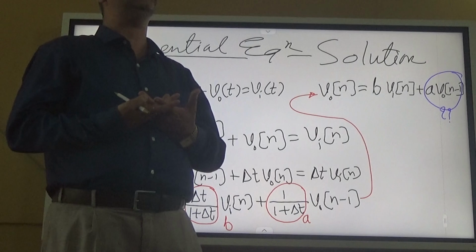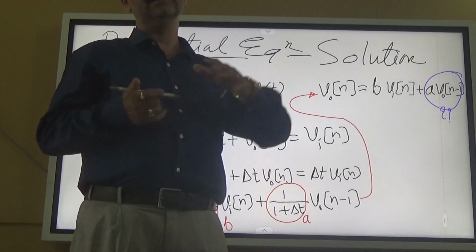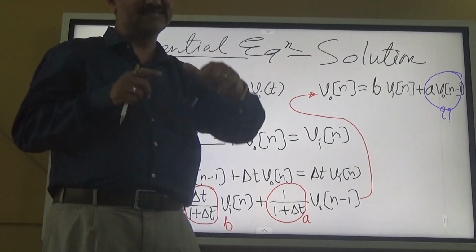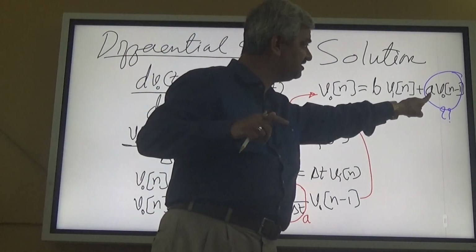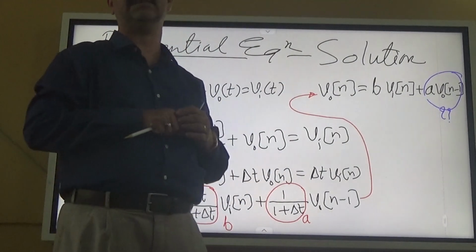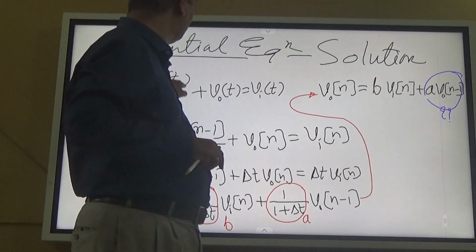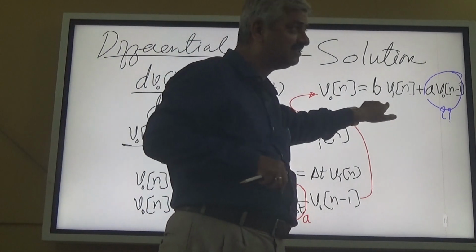Because what we want, ultimately, is that output should be represented as some times input, and that sum depends upon the circuit parameters. In this case, this constant is all right, but this term is coming, which is no doubt that this differential equation I can't solve as it is. Here I could solve to a large extent.